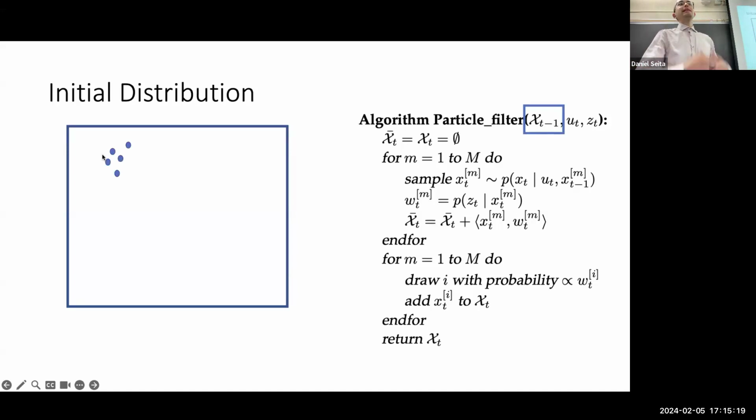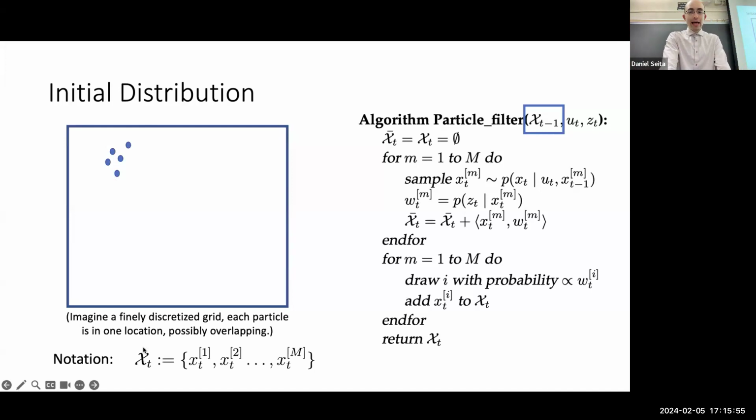So we have some initial distribution, Xt minus 1 here. We're going to visualize that with these 5 dots. Why are we using 5 here? To make it easy to see. If you're doing it in real life, you would have maybe 1 million. Actually, probably 1 billion these days. We just have 5 here to make it easy for us to visualize it in PowerPoint.